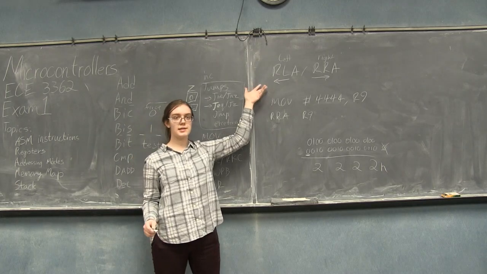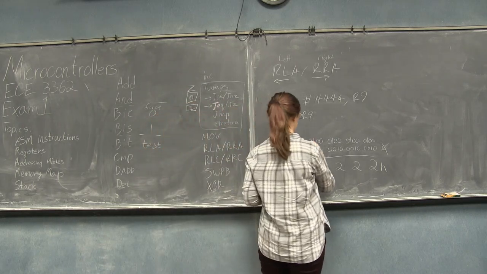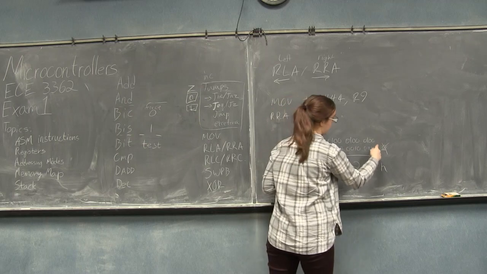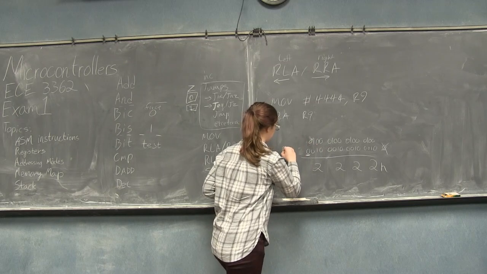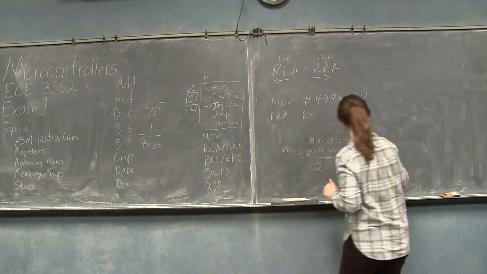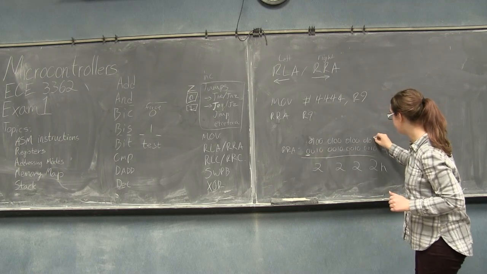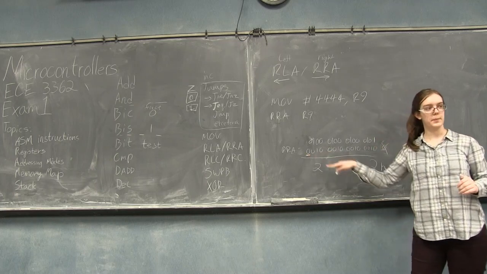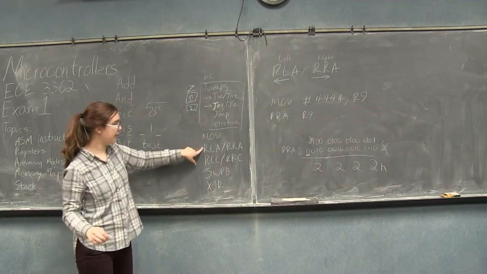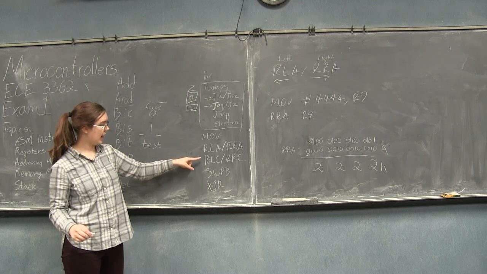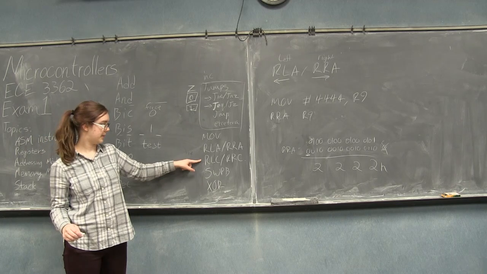Now, these rotates pad everything with zeros, so even if the most significant bit was 1, it doesn't come around back to the end, or I guess if this is rotate right, this bit doesn't come off the end and go back here. Even if it was 1, it still would be a 0 here. And the only difference between the rotate arithmeticallys and the rotate through carries is that it includes the carry bit in this rotation.